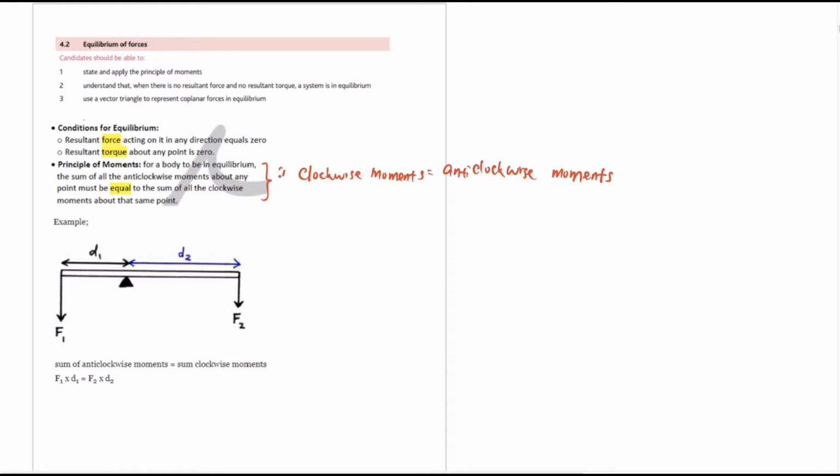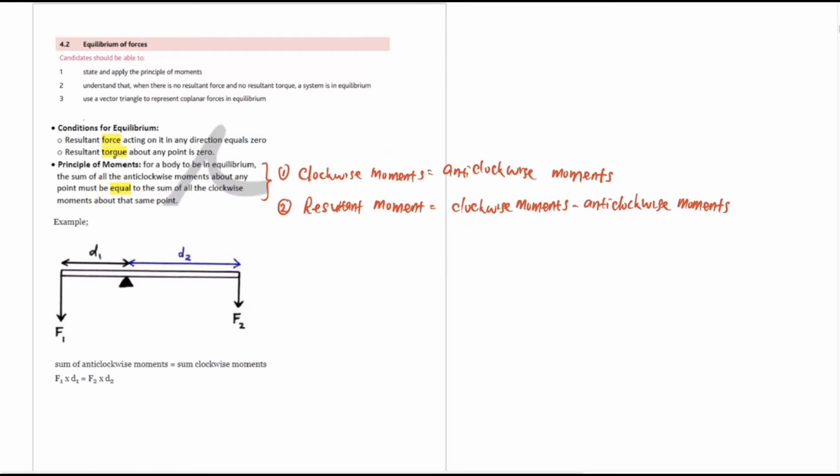Sometimes we put it in different form. We put it in this way. Resultant moment equal to clockwise moments minus anti-clockwise moments.